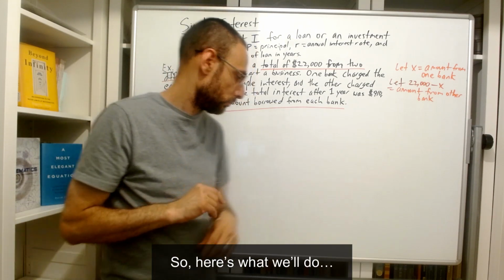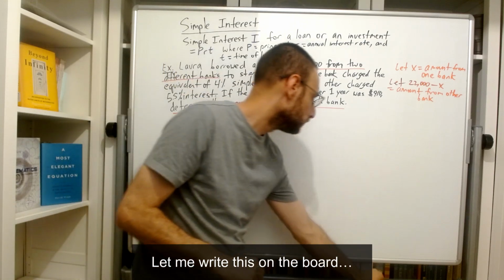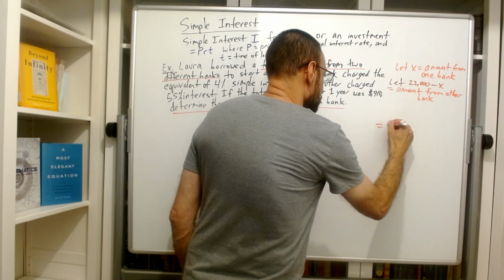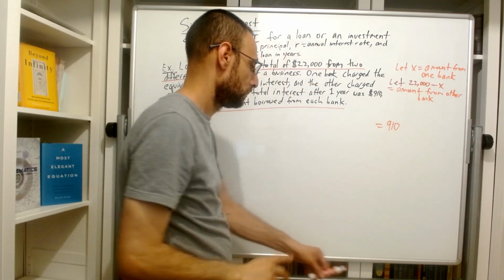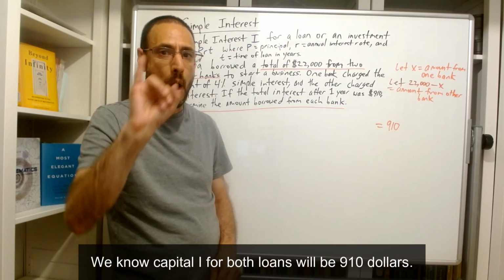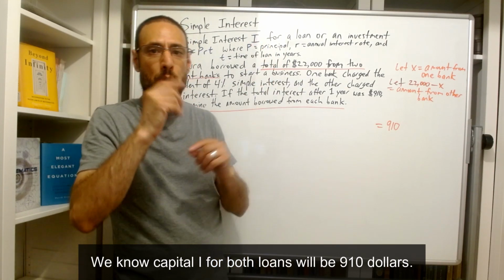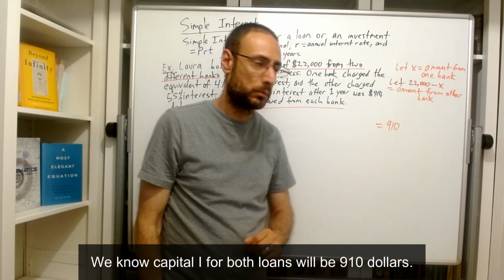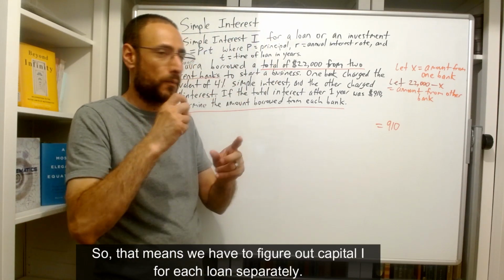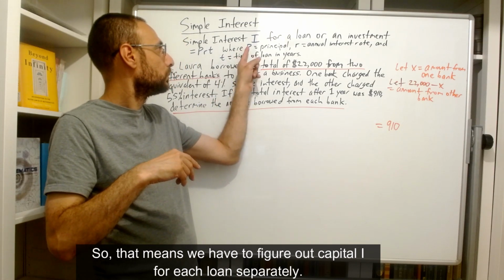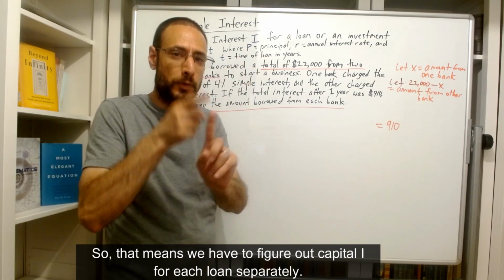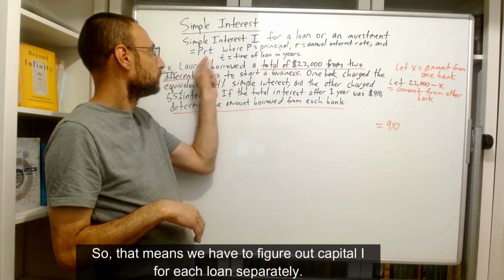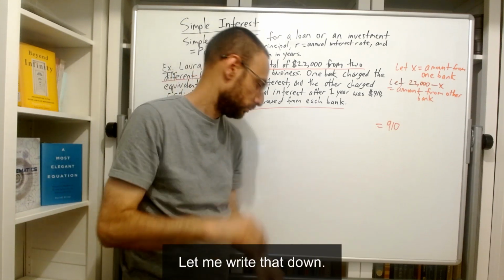So, here's what we'll do. Let me write this on the board. We know capital I for both loans will be $910. So, that means we have to figure out capital I for each loan separately. Let me write that down.